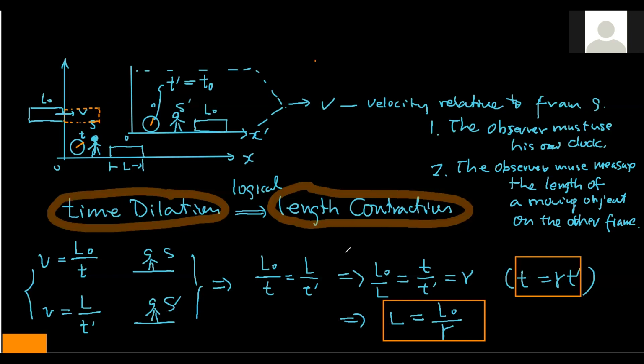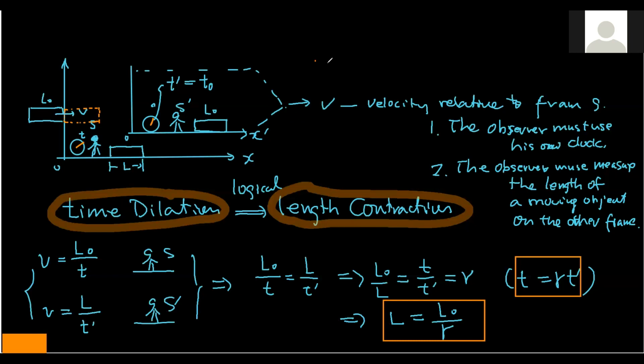Because you see, relativity is about looking at the same phenomena from different perspectives. So hopefully you can understand why we say the length contraction is a logical consequence of time dilation. Yeah, that makes a lot more sense.